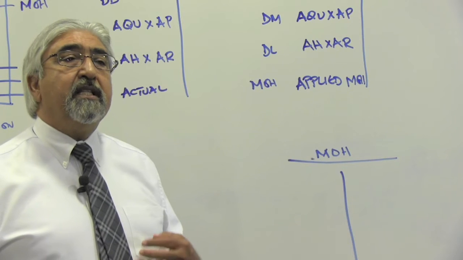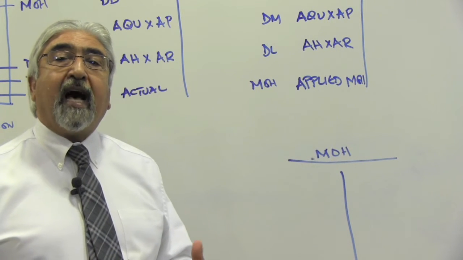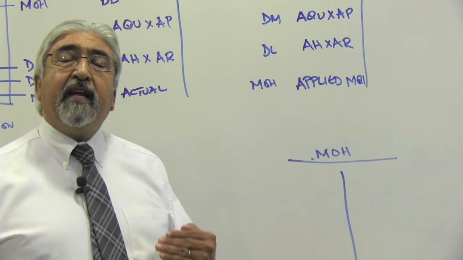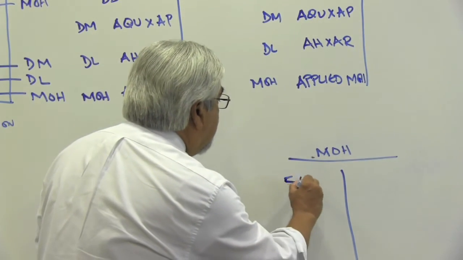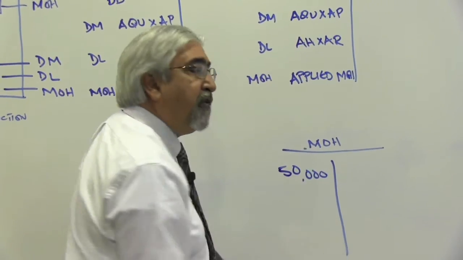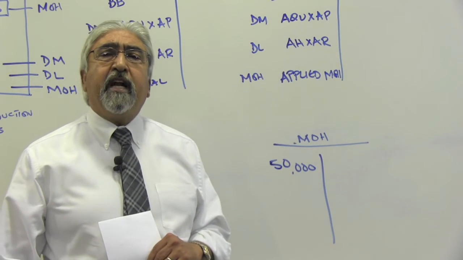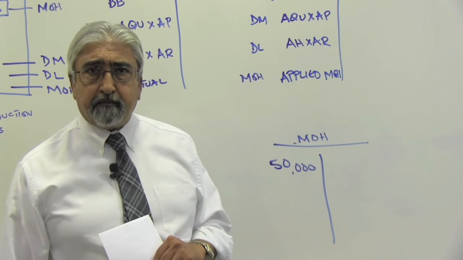So let's say that the depreciation expense on the factory machines was $50,000. The entry that we would make in normal costing is we would debit manufacturing overhead for $50,000 and credit accumulated depreciation for $50,000.